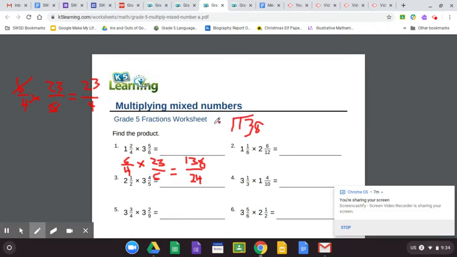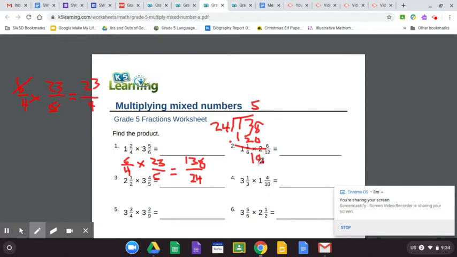So 24 goes into 138 5 times. 5 times 24 is 120. And then that ends up being 18.